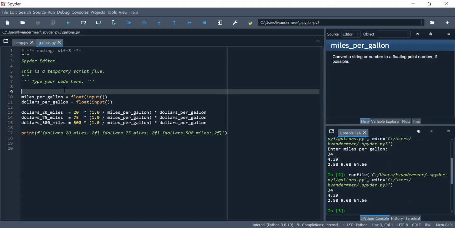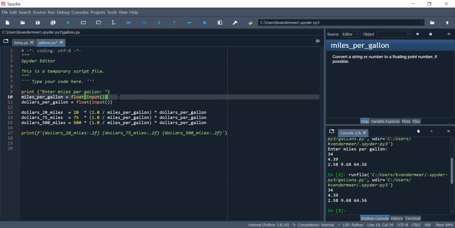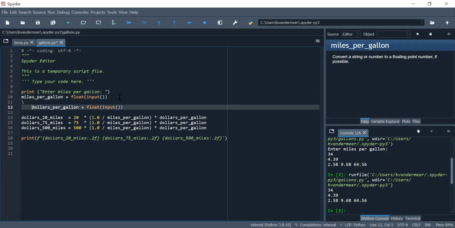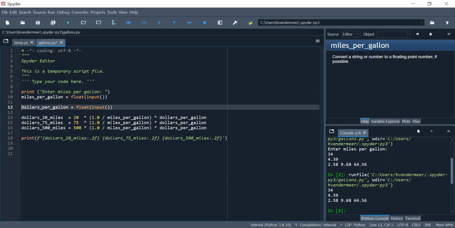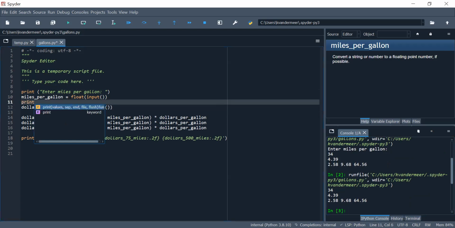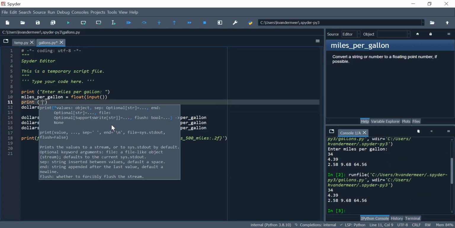How I would code this is I would have prompts so you know what you're being asked and entering. So not just entering miles per gallon, but something like print enter gas price, and it makes things more clear.